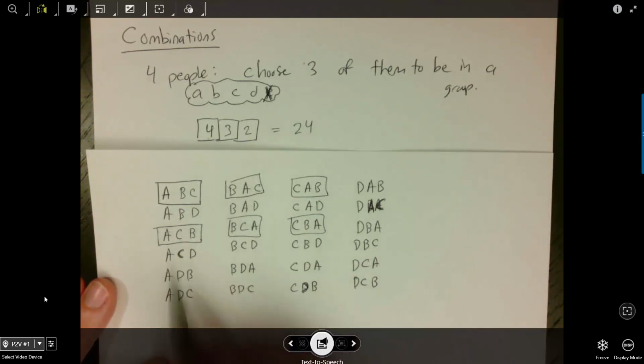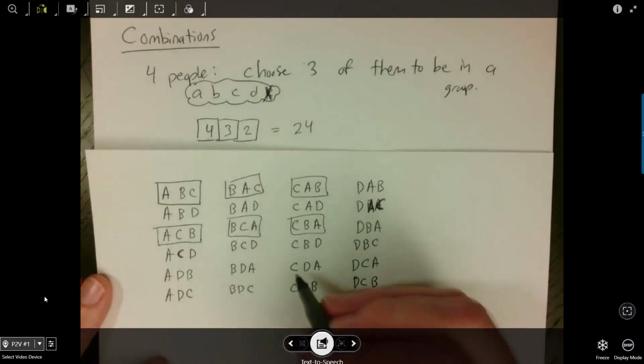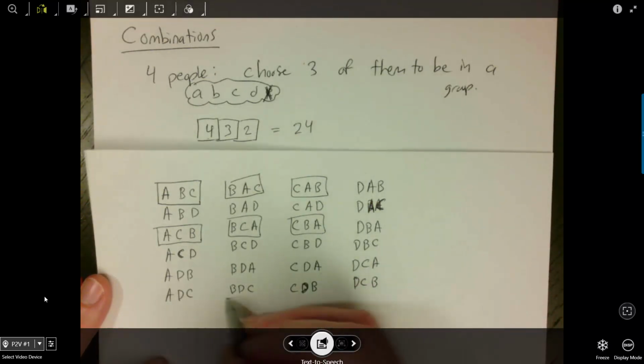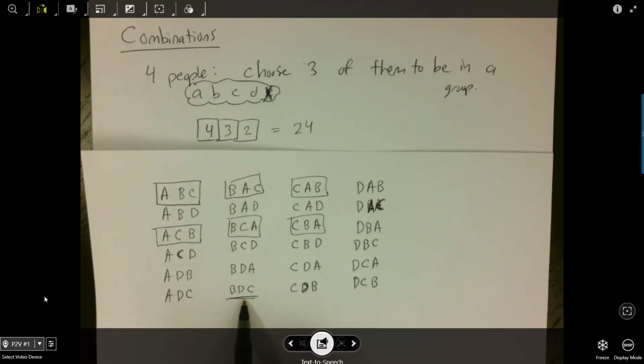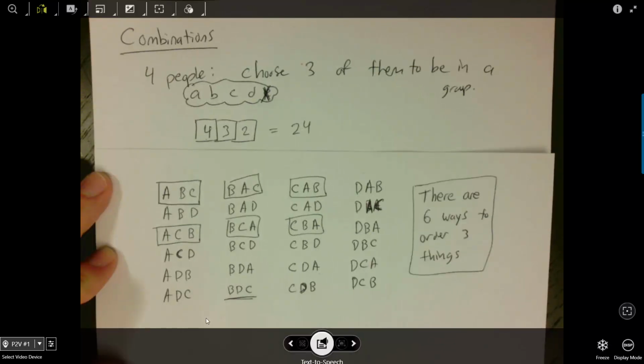If you go through, I think you'll see that no matter what group you select, like BDC, you'll end up finding 6 total ways of choosing that same group of people also. And that's not an accident, because there's 6 ways to order 3 things. Forget this problem, if I just asked you as a separate problem, how many different ways can we reorder 3 things?